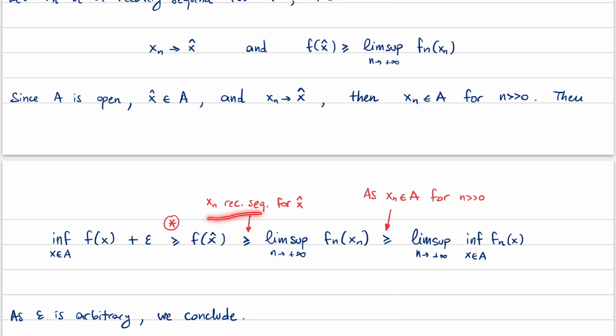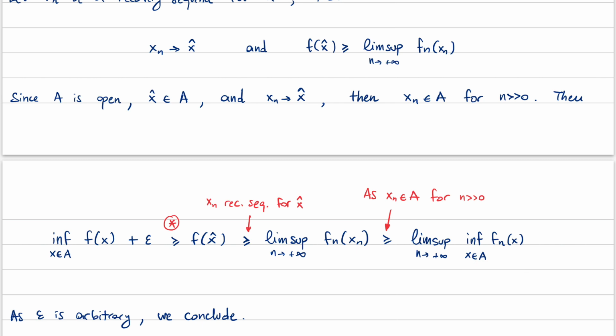Now, since xn is a recovery sequence for x̂, we have that this is larger or equal than this lim sup. And now remember that xn belongs to A for n sufficiently large, meaning that you can just estimate fn of xn with the infimum of fn over the set A. Therefore this estimate holds also for the lim sup.